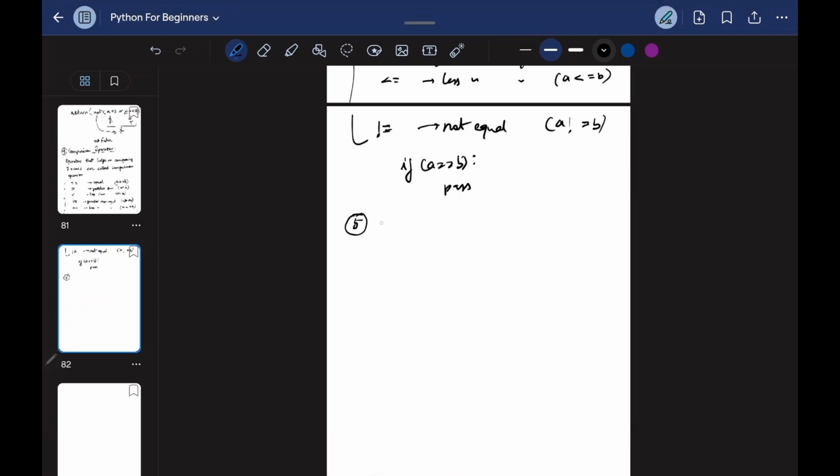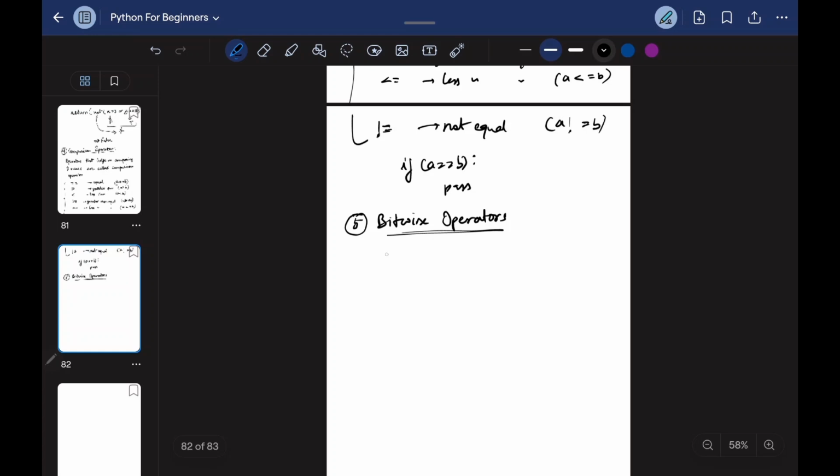Bitwise operators are very important operators. In this series we'll not be talking about it in a very advanced way, but I'll be able to clear all the basic stuff about the bitwise operators.